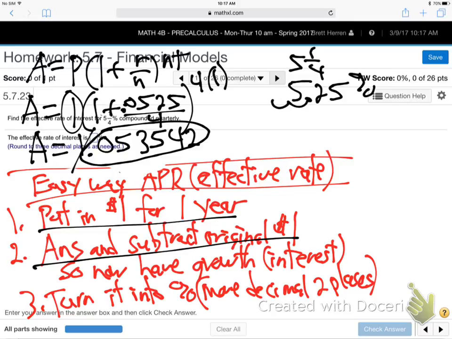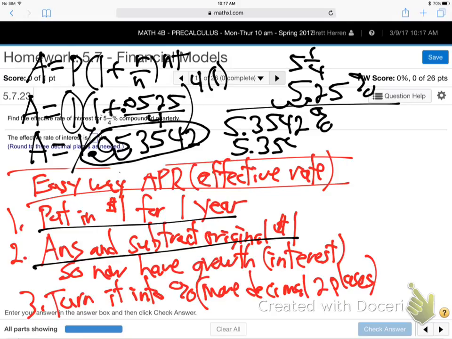Now take that decimal and go boom, boom, 2 places. 5.3542%. They said round to 3 decimal places, so that would be 5.354%. There it is. That 5.25 account really is 5.354 APR.